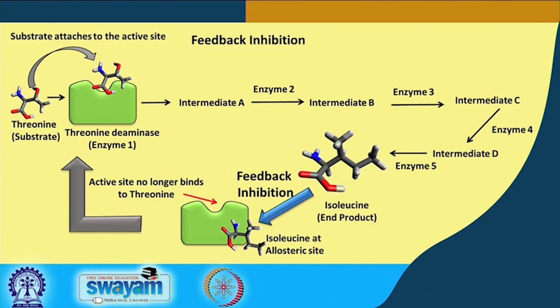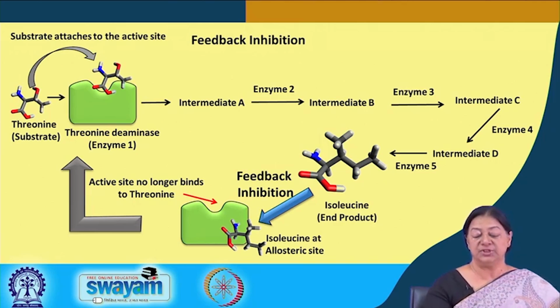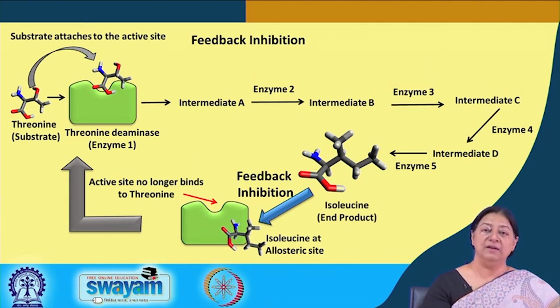In feedback inhibition, what we see is the substrate attaches to the active site and there are certain steps in the reaction that take it through to isoleucine, which is the end product. Now, isoleucine acts as what is called an allosteric site, that is non-competitive, that will not give a reaction, but acts on the enzyme in a manner that will not allow the substrate to bind.